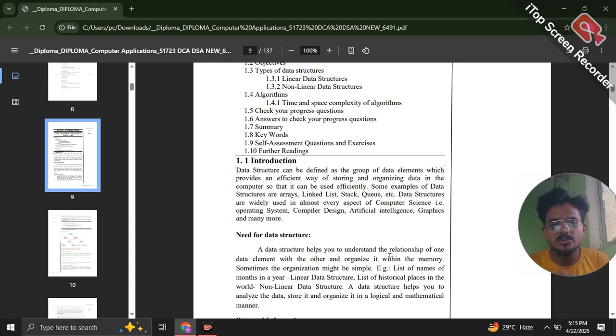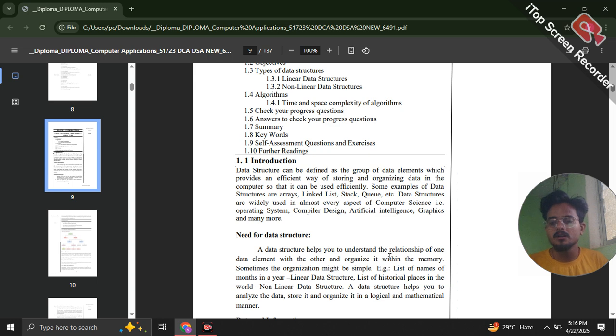Sometimes the organization might be simple: list of names of months in a year, linear data structure. For example, January, February, March, April, May, June. This is linear data structure. All the months in a year will fall in linear data structure. And a list of historical places in the world, non-linear.